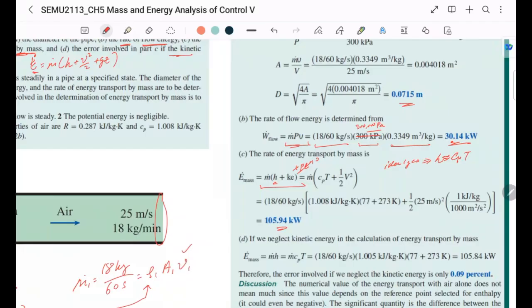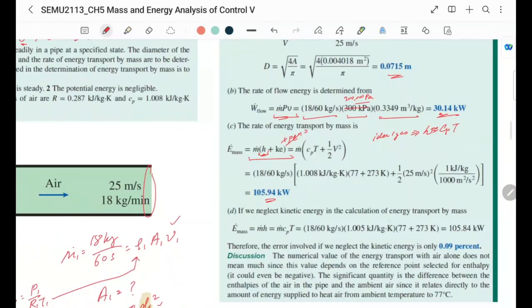Flow energy plus internal energy plus potential energy plus kinetic energy. Okay. Internal energy plus the flow energy, of course, equal to the enthalpy. So that's how we evaluate it. And D, the question wants us to ignore the kinetic energy.